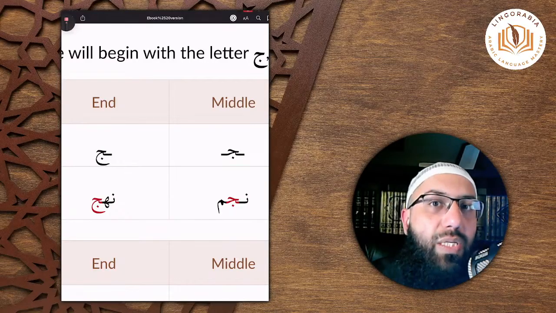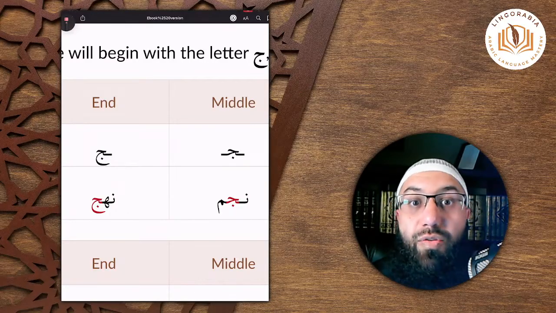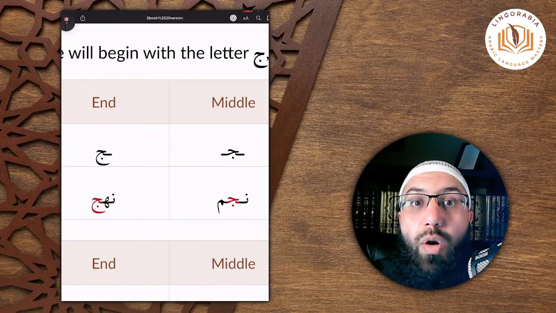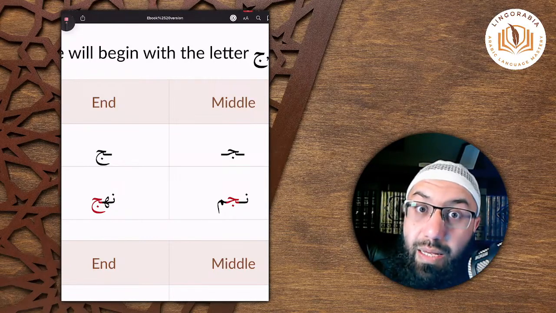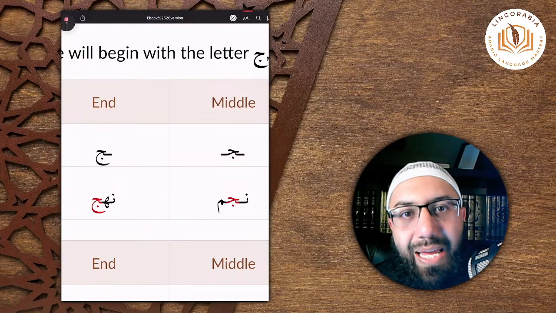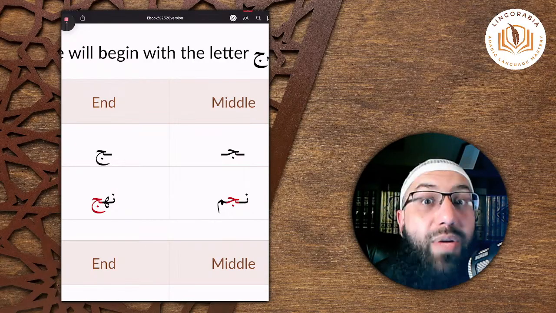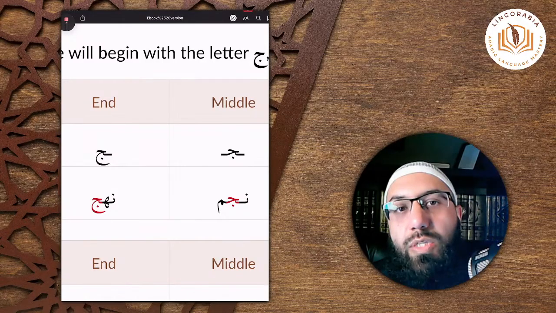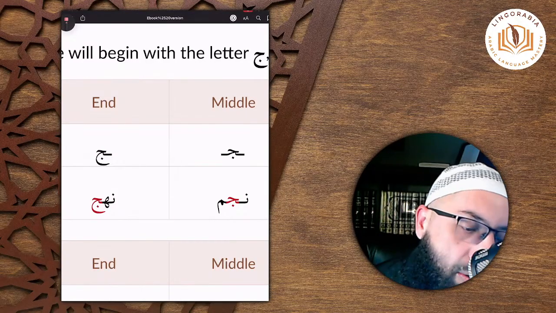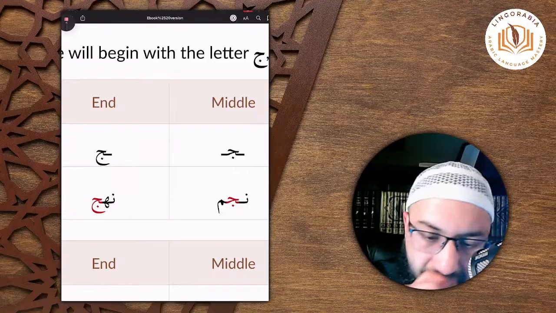That is one of the characteristics of this letter when it is written in connection, in the beginning and in the middle. In the end, the lower part will reappear, because there is no need to remove it, because it's the last letter of the word. So I hope this is clear, inshallah ta'ala.